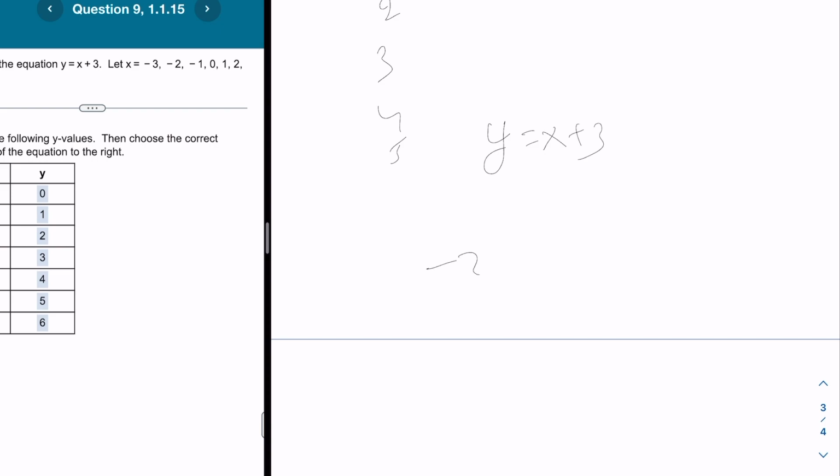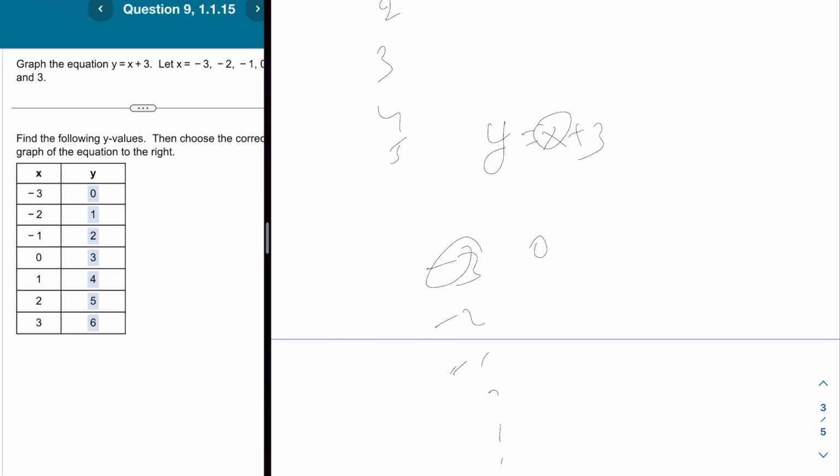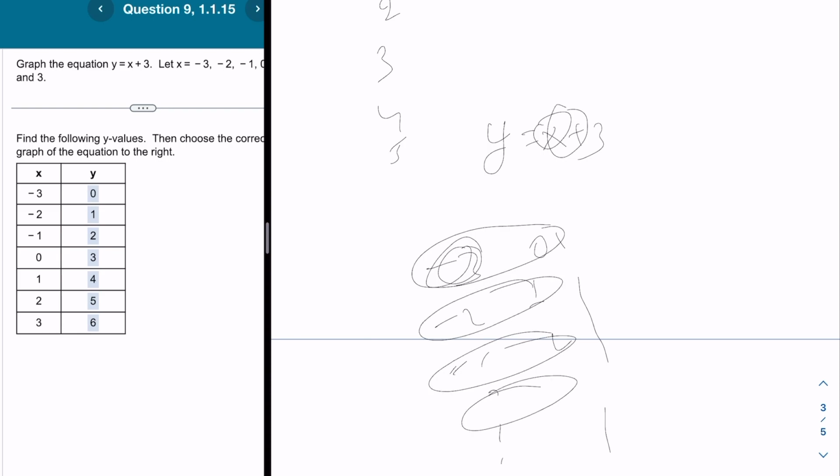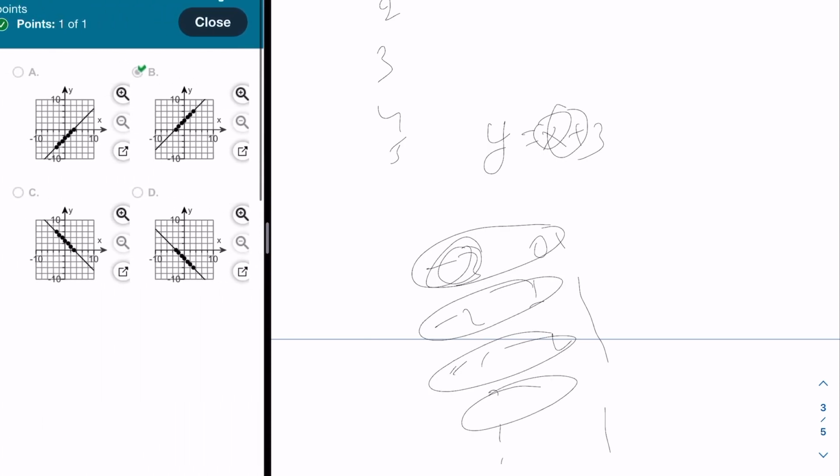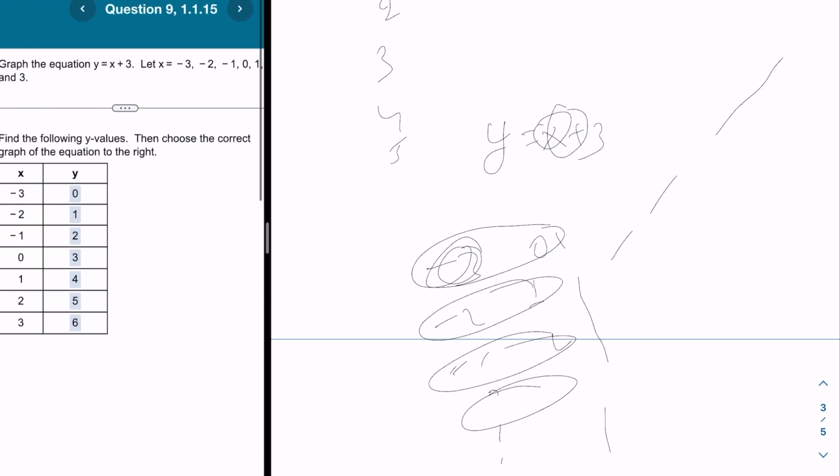We need to use minus 3, minus 2 according to the question, right? Plug these into the equation and you will get the respective y values, 0, 1, 2. Then plot this coordinate, this coordinate, this coordinate, this coordinate, and after that you will get a line like that. That's it.